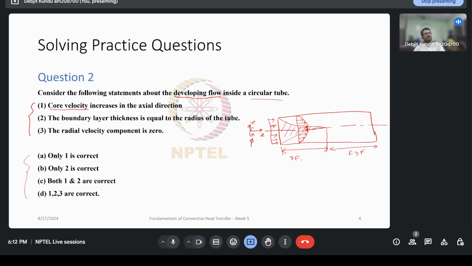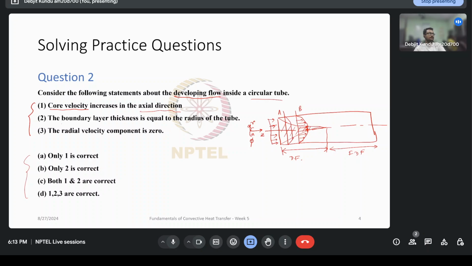So due to that, core velocity actually does increase in the axial direction because as we move forward, so this is, let's say, at some section B, and if I draw another section at, I'll call that section A, which is upstream of section B, there the axial velocity won't be as much. So here, something like this.